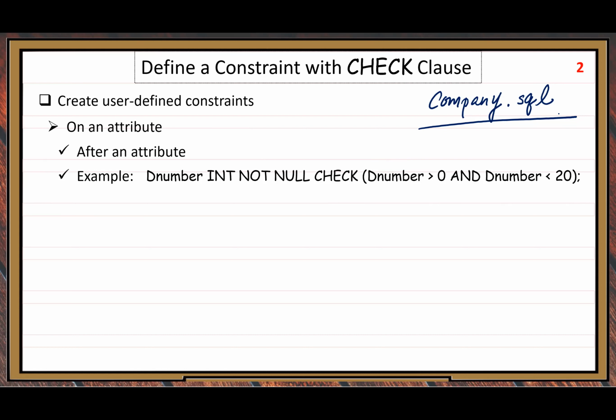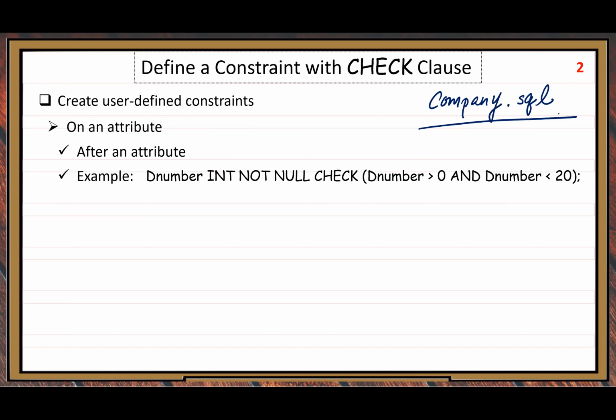Look at this example: D number, department number, integer type, not null. Then check. After that, we want to apply what is a valid department number. We want to specify the range for a valid department number. So look at this check clause: check, parenthesis, condition.